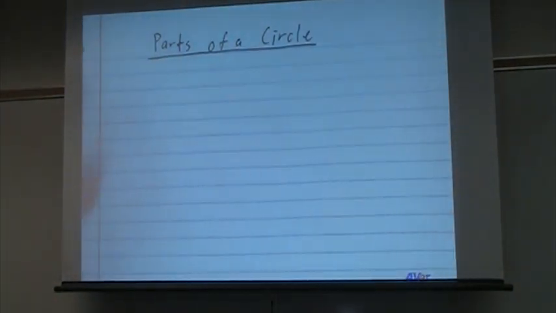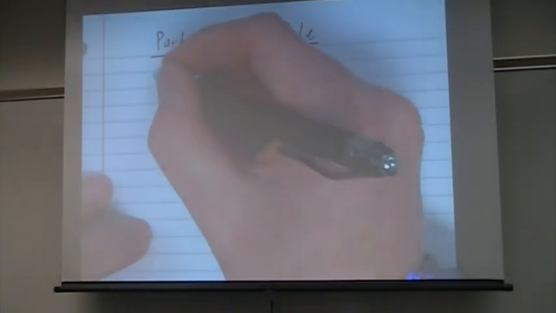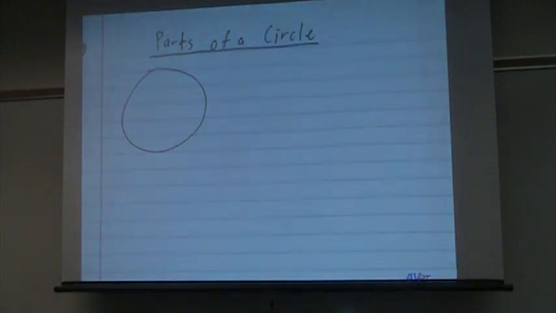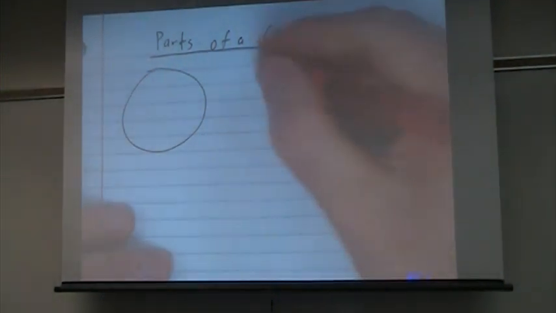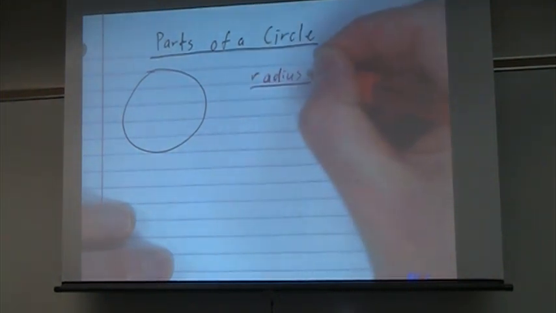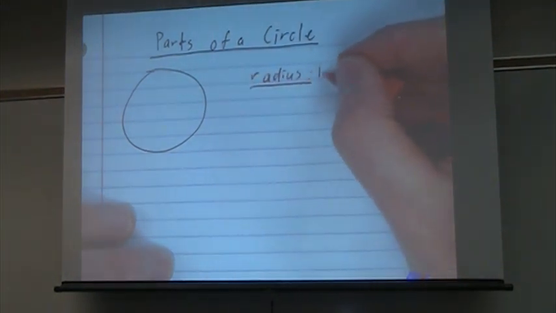Boom. So you have a circle, and we've already seen the radius, but that's an important part. That's a line, or a segment, I guess, if we want to be more precise.